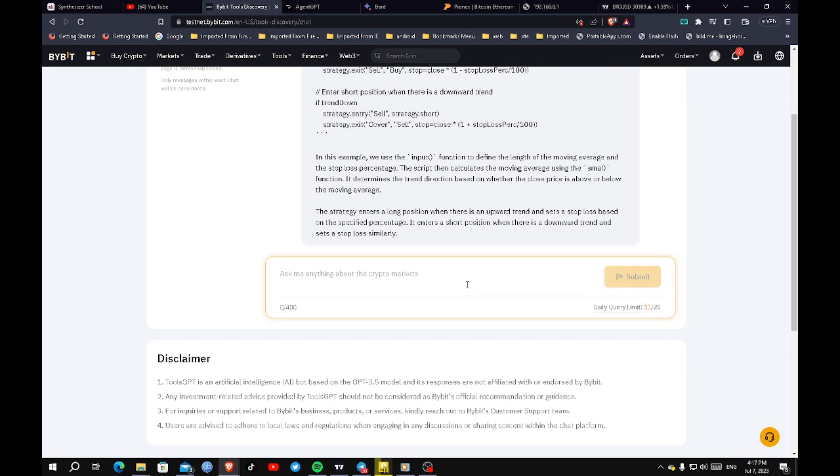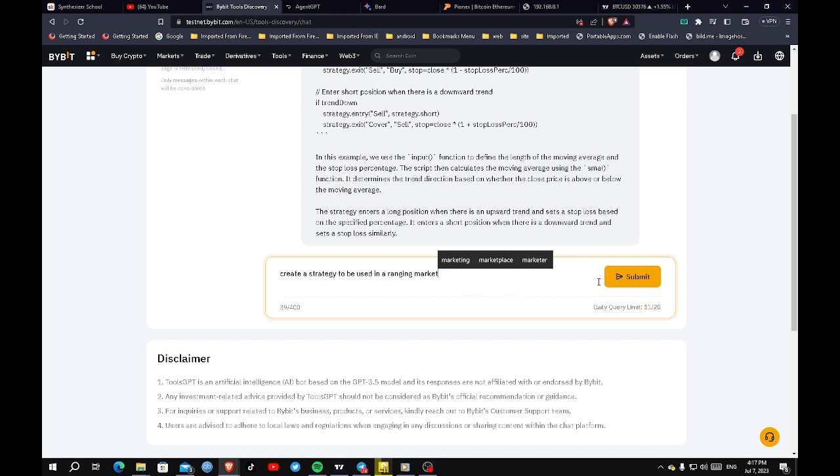Okay, so create another trading strategy. So it's a ranging market. You create a strategy to be used in a ranging market.